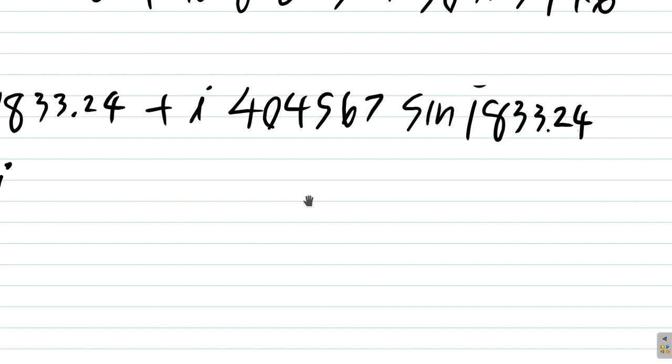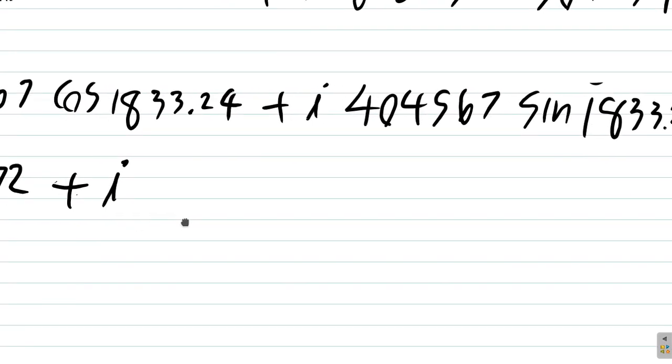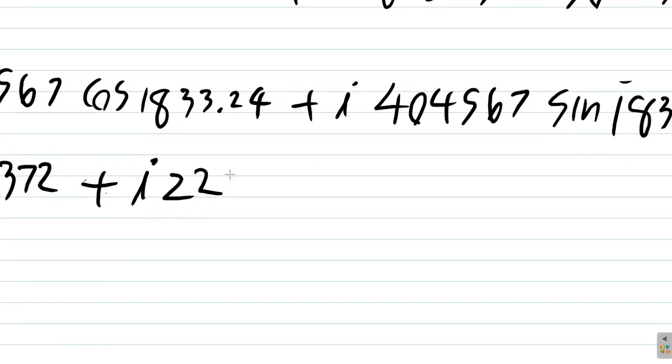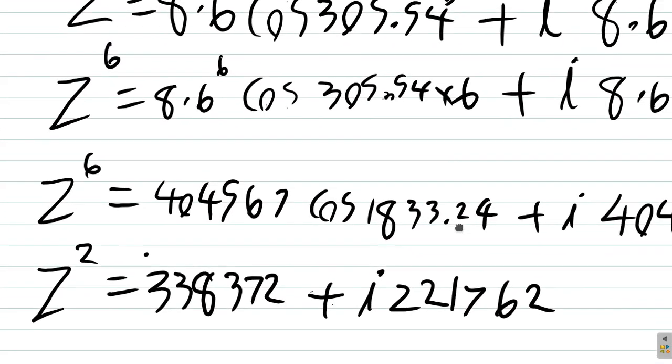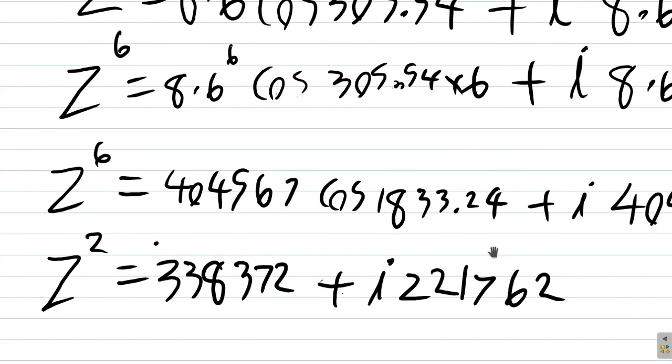If you multiply that, you get 221,762. So that is what you have when you work it out. Z squared is equal to, not z squared. What did I put z squared for? It's z to the power of 6. So z to the 6 equals that. So that is your answer.